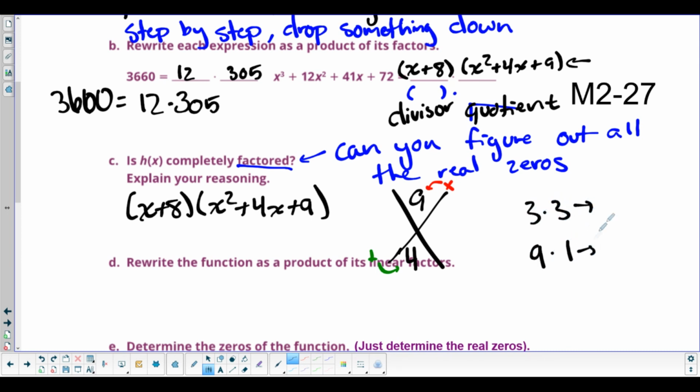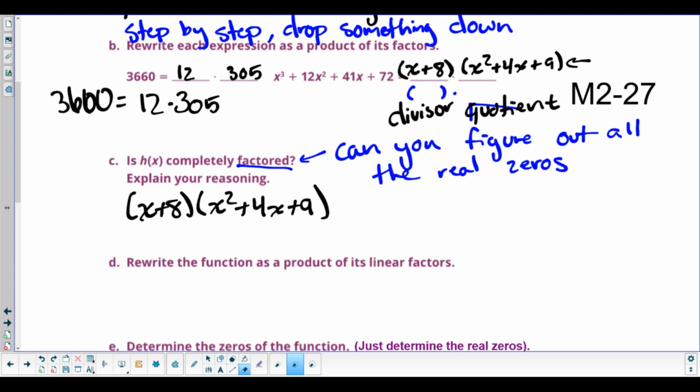And when you add those, you get 6 or 10, which are not 4, which means that this thing cannot be factored any further. There are no real zeros that this quadratic has. It lies above the x-axis entirely. And so I actually can figure out all the real zeros, and so it actually is factored all the way.